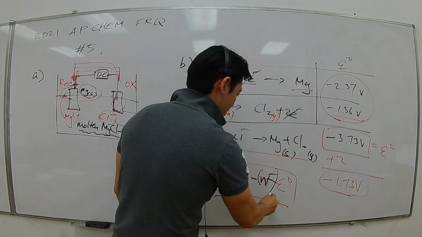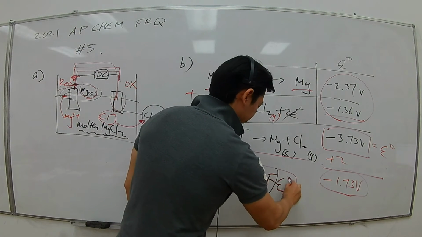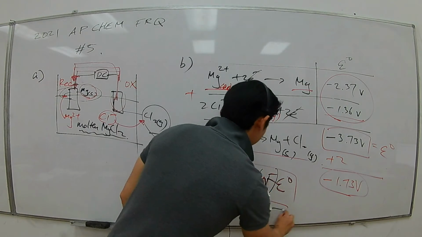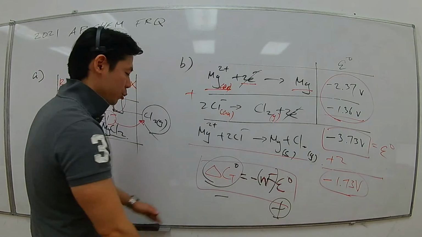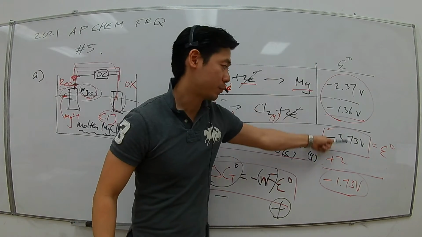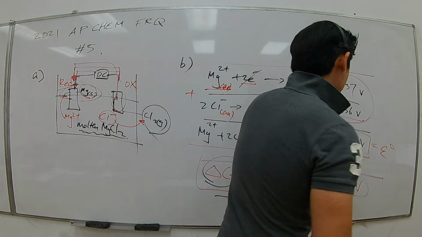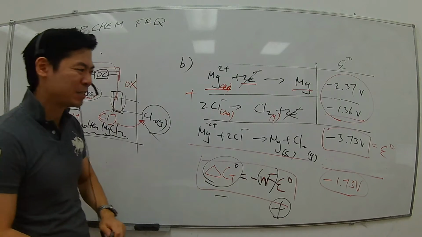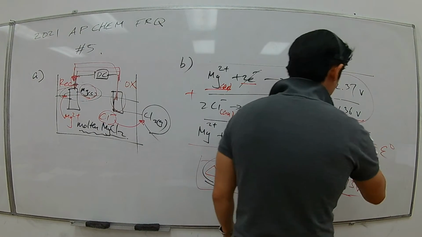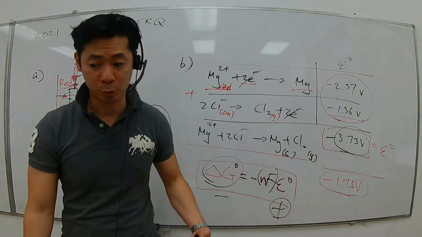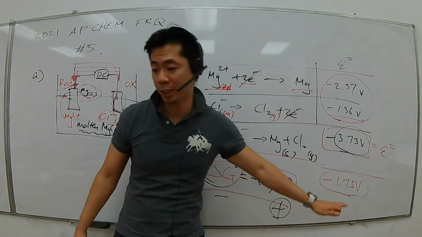These are positive values, so the electric potential must be positive in order for delta G to be negative. Which means the battery voltage must be greater than positive 3.73 volts in order to make the entire cell voltage positive.